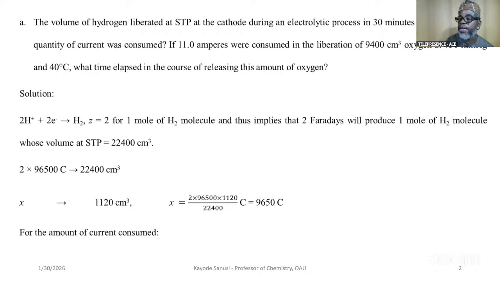So the reaction was performed under standard conditions, standard temperature and pressure. And we have been given the time, the duration of the process, and the volume of hydrogen that was liberated. And this cathode means that, of course, that is where we expect the hydrogen to be liberated, because remember, it is the negative electrode.